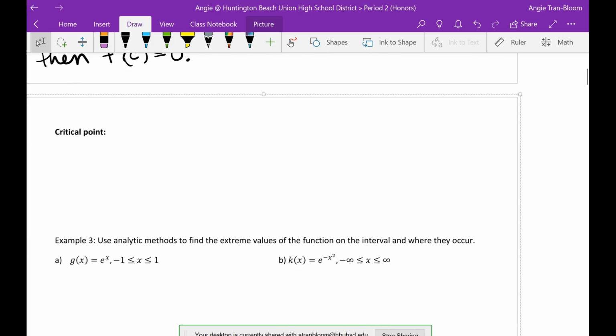Okay. Critical point. Super important for us to analyze the function.